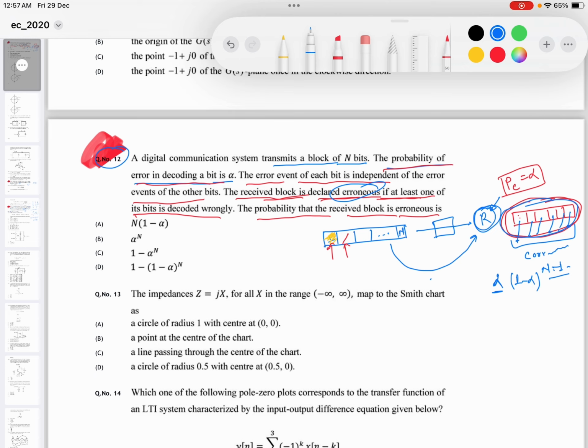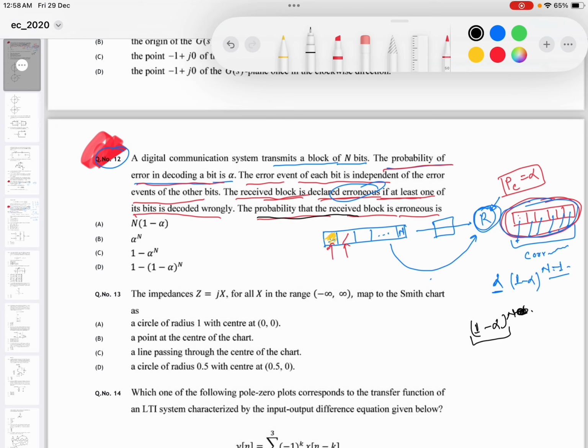Let's suppose that we received all of the bits correctly. So what would be the probability? 1 minus alpha to the power n. This is the probability that we received all of the bits correctly.